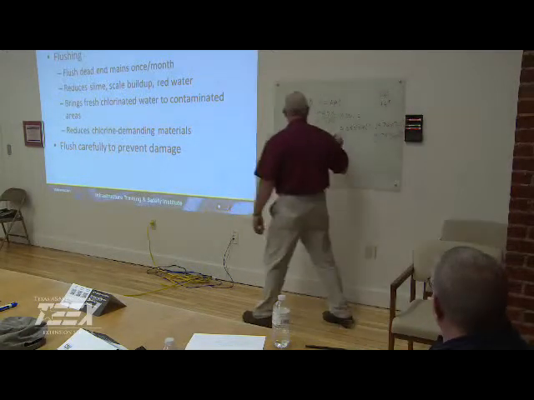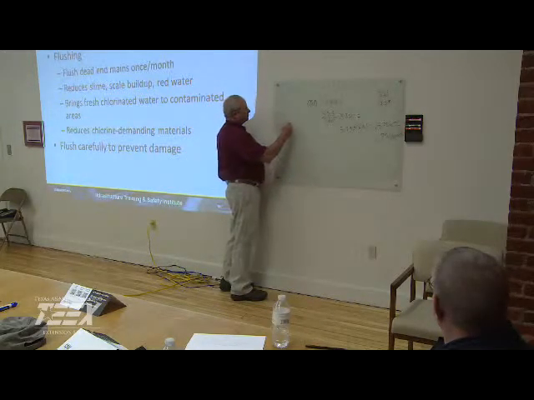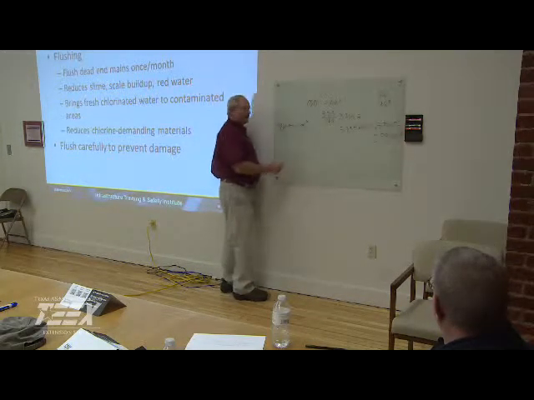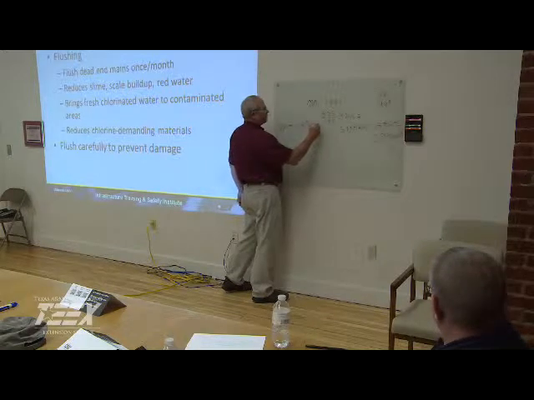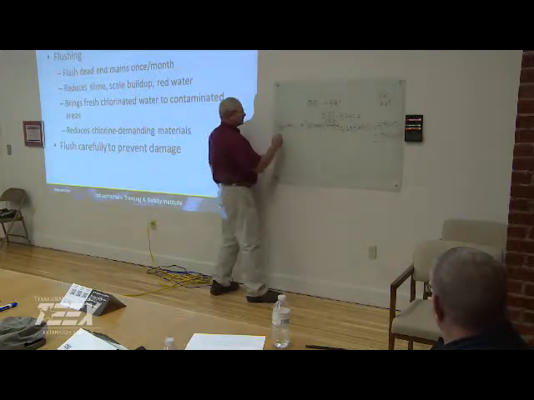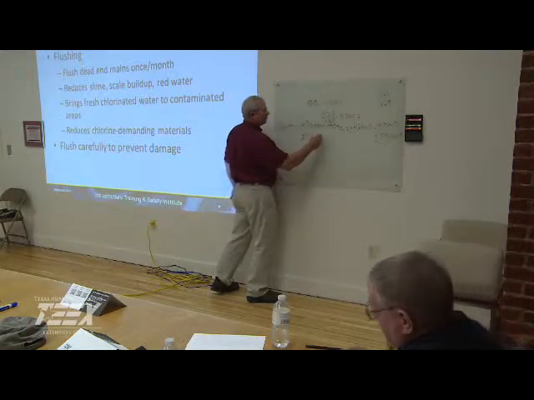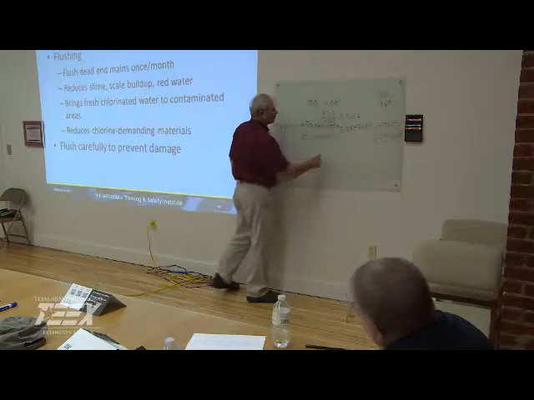When you have a circular pipe, GPM equals diameter squared times 2.448 times the feet per second. So we're going to solve for this. We have an 8-inch, so 8-inch squared times 2.448. We want to go 4 feet per second.